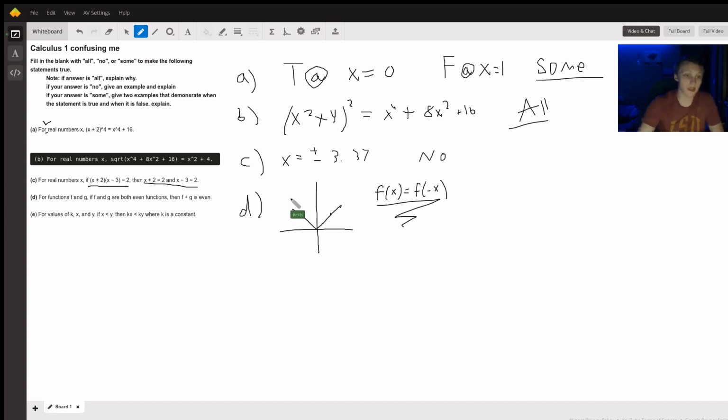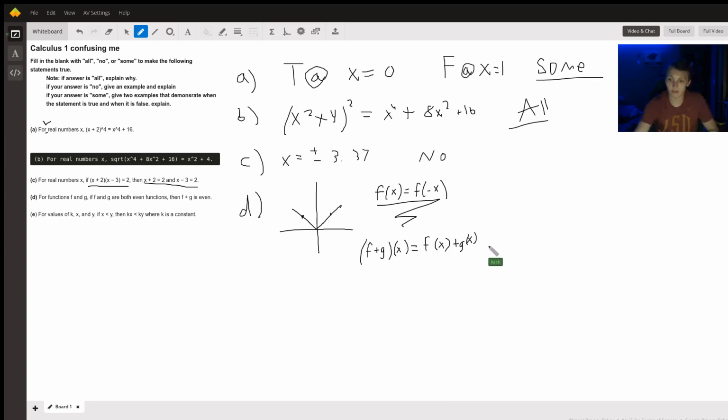And so to prove that the sum of two even functions is even, we would start with the sum of two functions. So let's take f plus g of x. Because these are sums of functions, we can split them up. This is equal to f of x plus g of x.